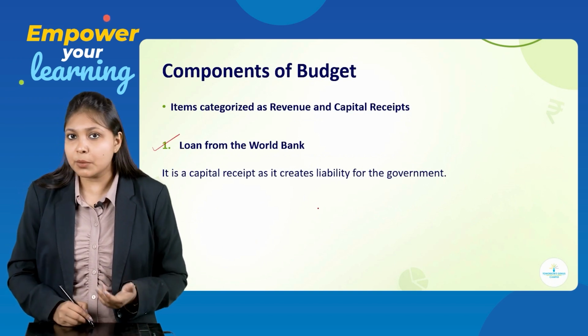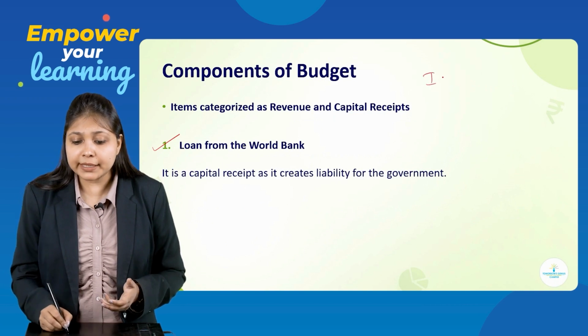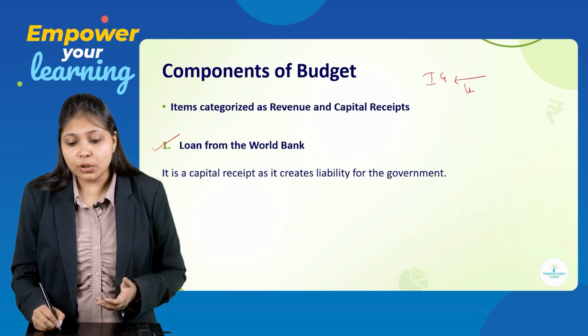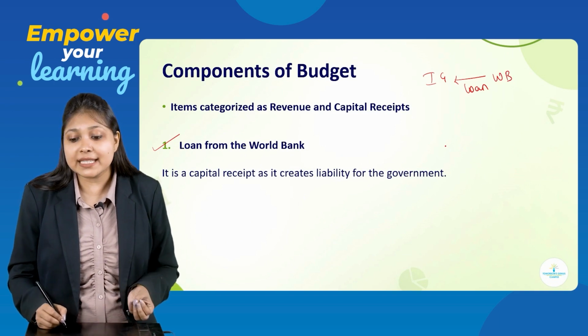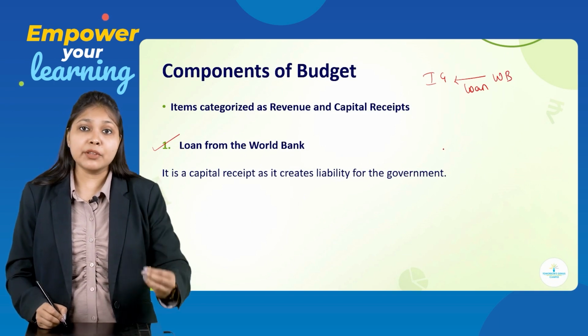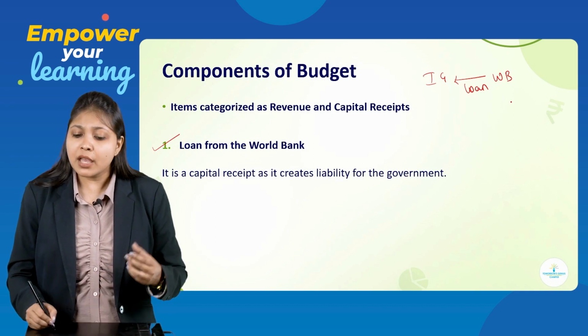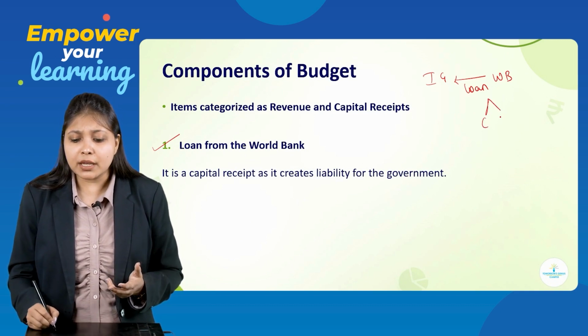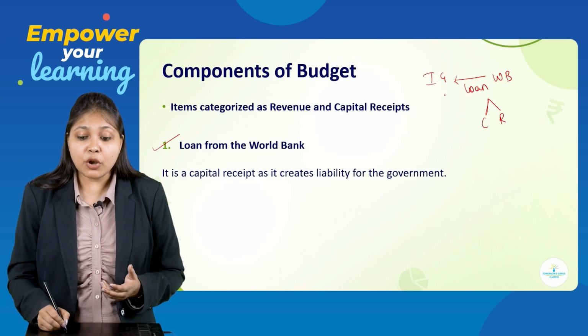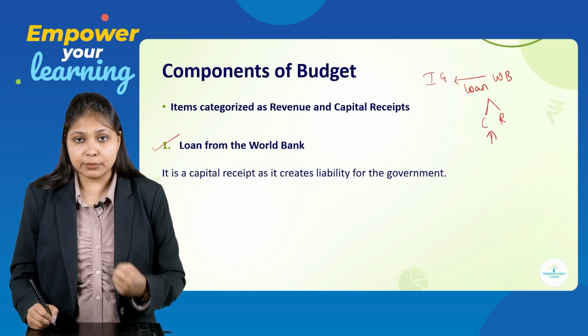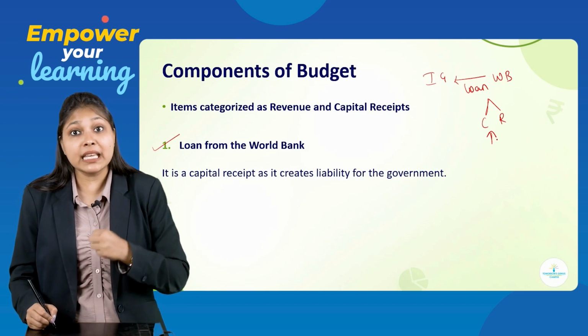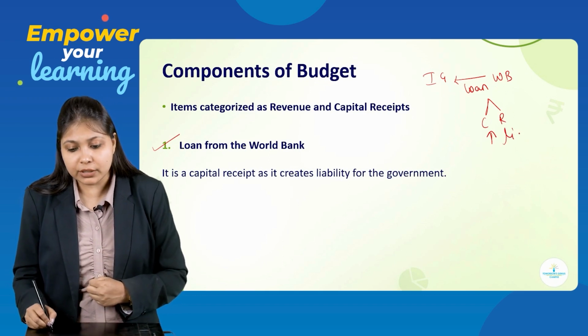First is a loan from the World Bank. If the Indian government has taken a loan or done borrowings from the World Bank, which kind of receipt is this? Will it be a revenue receipt or a capital receipt? Very simple, it is going to be a capital receipt, because a loan taken from the World Bank will basically create liability for the government.